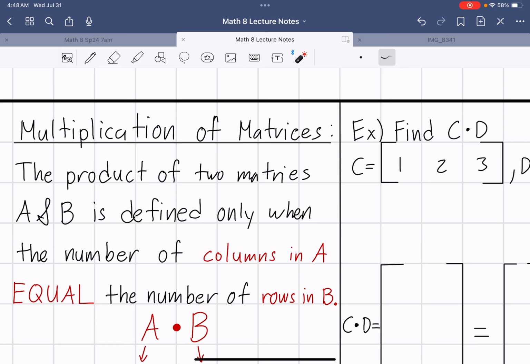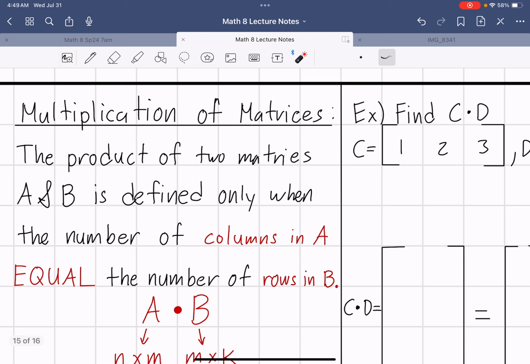The scalar multiplication, you distribute that scalar into each entry. Adding them, you just add corresponding identical entries. But for multiplication, there's something that needs to be true for matrix A, and there needs to be something in matrix B. So now there's more verification than just seeing if they're the same dimensions.